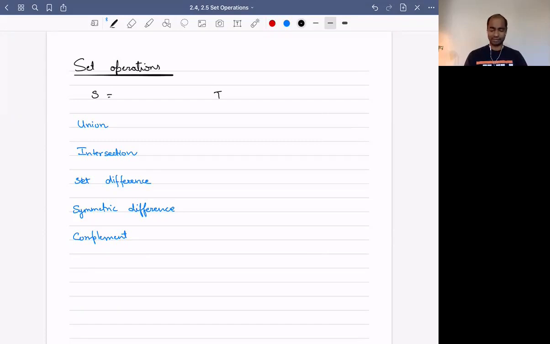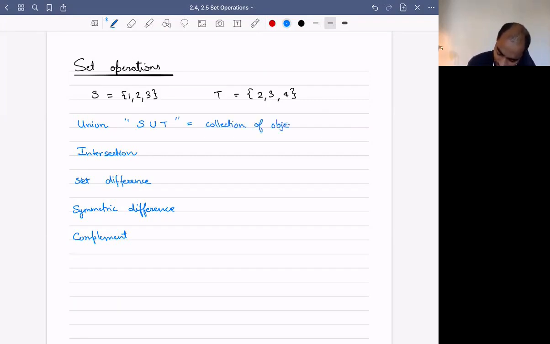So let's take the set S to be 1, 2, 3, and let's take T to be 2, 3, 4. And the union is just the collection of elements that belong to either S or T. And it is denoted S ∪ T. In this case, S union T will be the set 1, 2, 3, and 4.